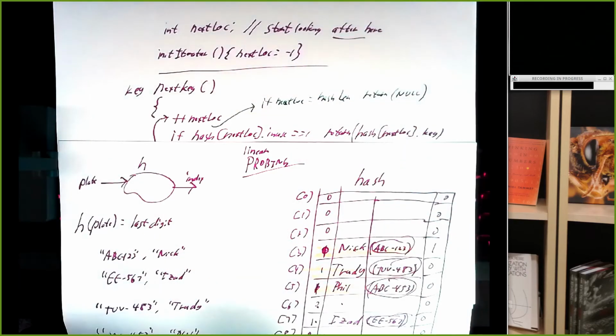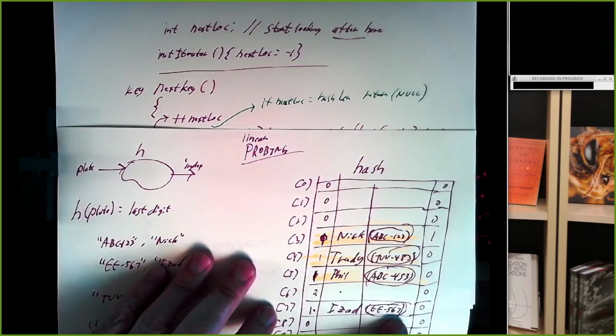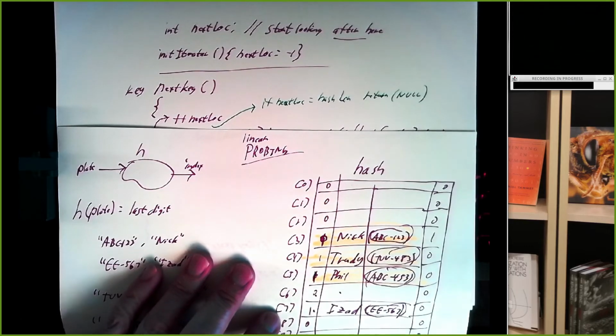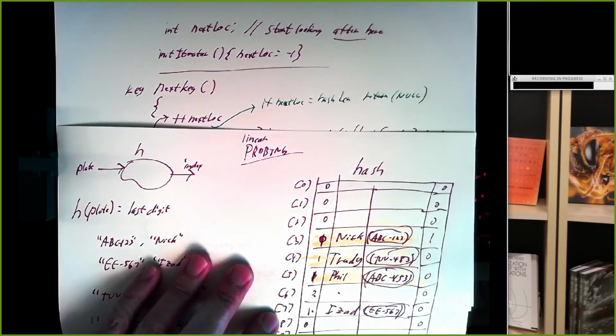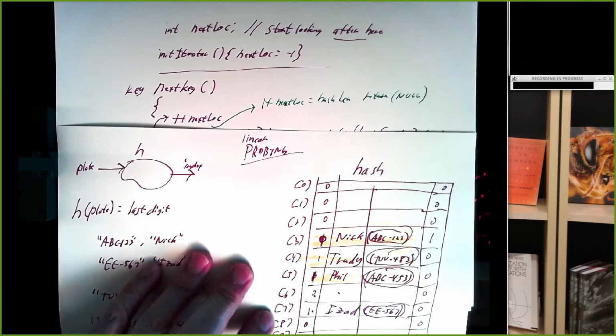So we'll return null to let the caller know, hey, we're out of keys. You've seen everything. So after we return this key, we call next key again. Next loc will change to 8, it'll change to 9, and when it changes to 10, that's the hash length, we'll return null. And now the person has called next key 5 times, gotten 4 keys, and then a null to say, hey, you've seen all the keys.